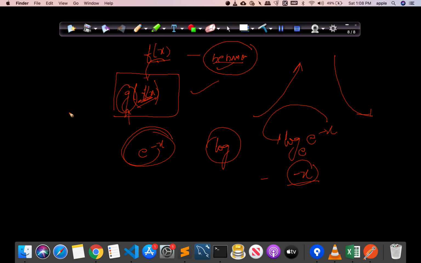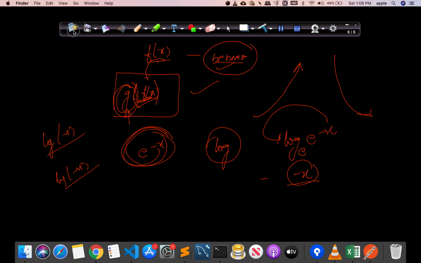Moreover, log is a strictly increasing function. Log of x is strictly increasing, and log of minus x is strictly decreasing. So taking log as g(x) is very suitable here because we are working with exponents.